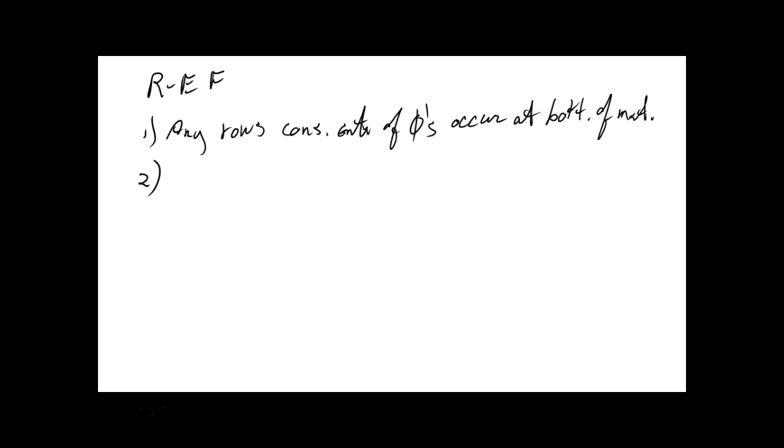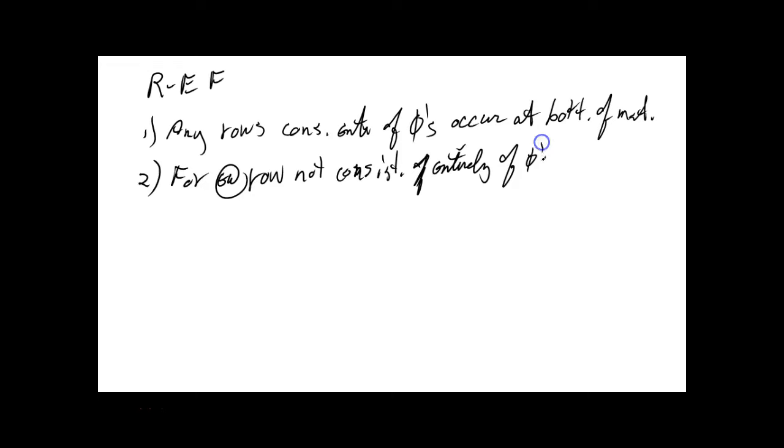For each row that does not consist entirely of zeros, those are the ones not at the bottom, the first non-zero entry has to be a 1.